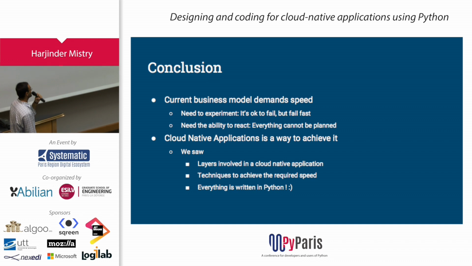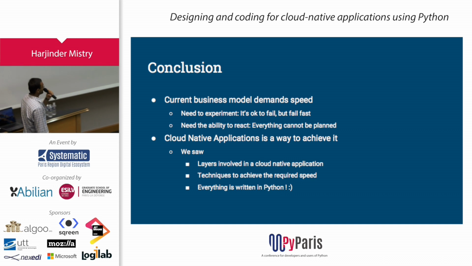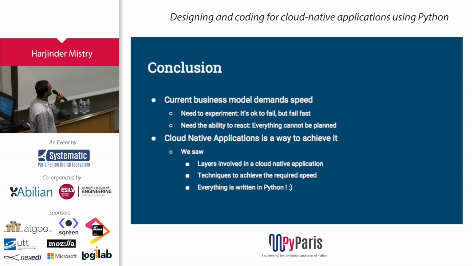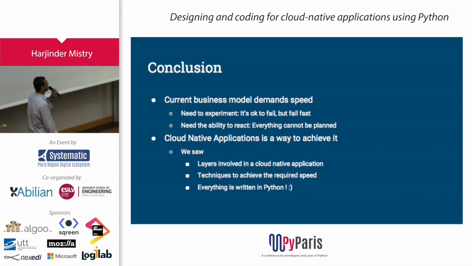We also need the ability to react to different situations, because not everything can be planned. And this is where cloud native applications could be a good solution. We saw different layers involved in cloud native applications, and also techniques to achieve the required agility and speed.